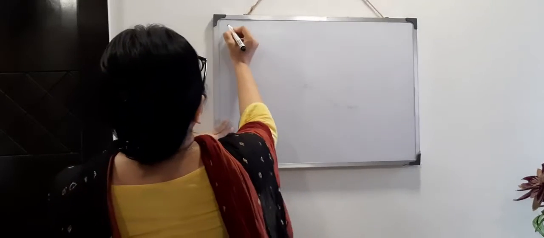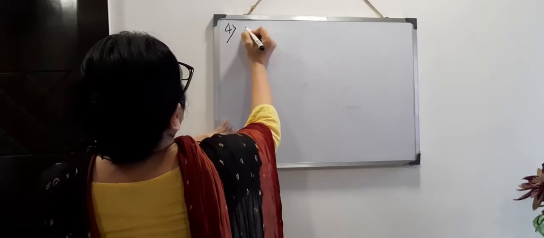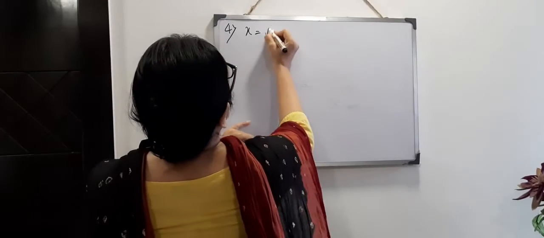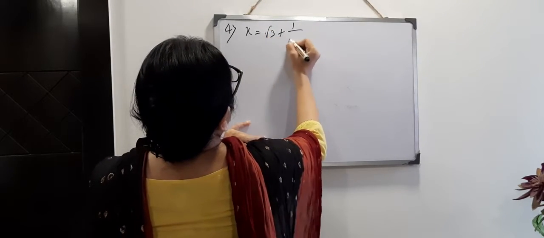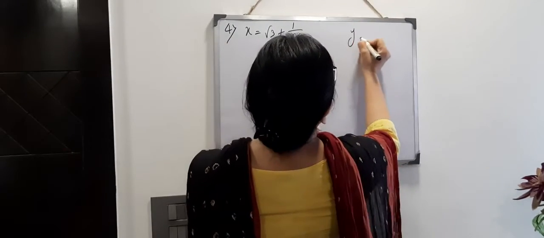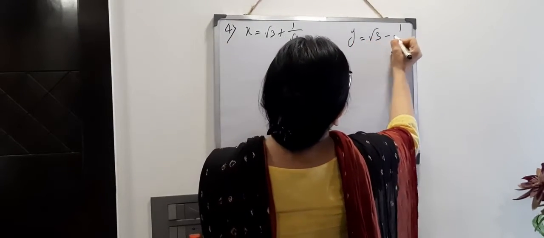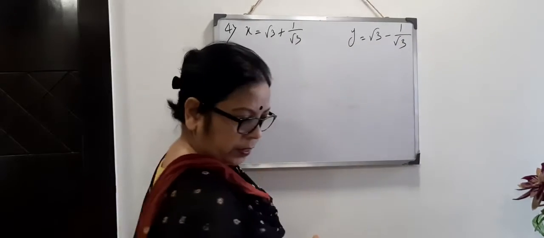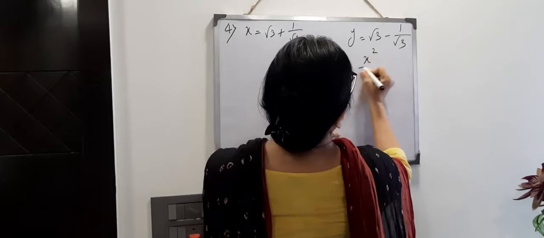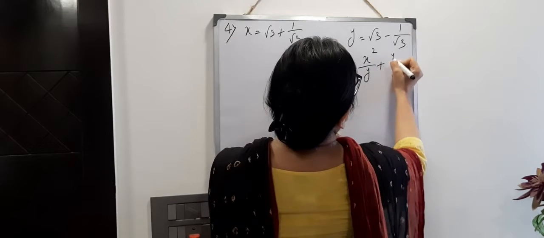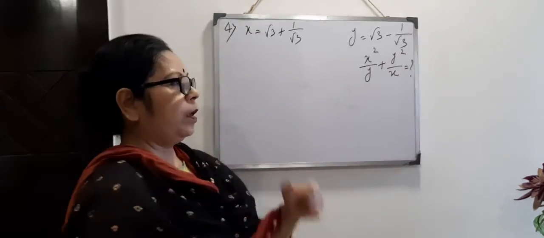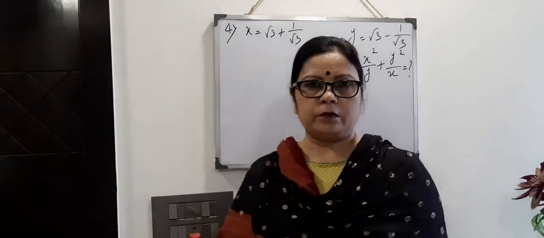Number 4. X is given root 3 plus 1 by root 3, and y is given root 3 minus 1 by root 3. You have to find the value of this. This sum you can do by two methods.